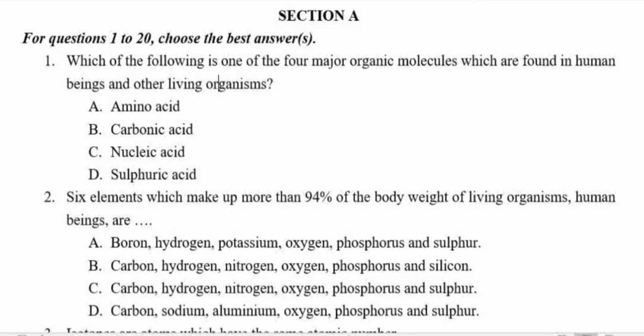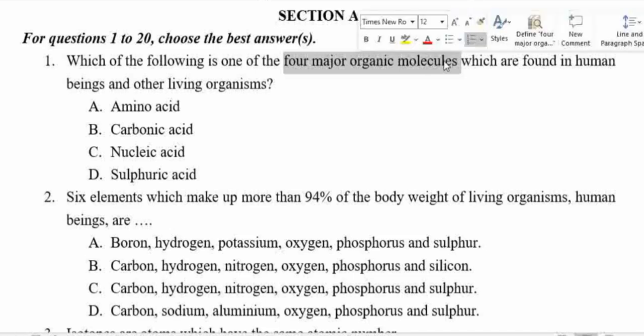Now, let's begin. The first question says, which of the following is one of the 4 major organic molecules which are found in human beings and other living organisms? Okay, so from this question, we gather that there are 4 major organic molecules which are found in living organisms, including human beings.